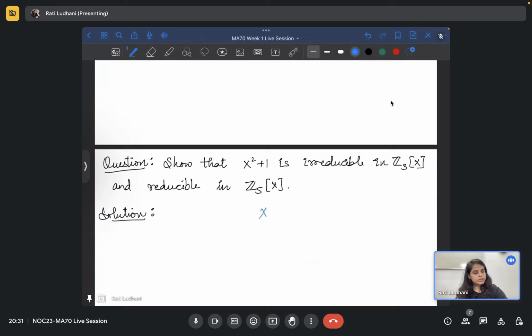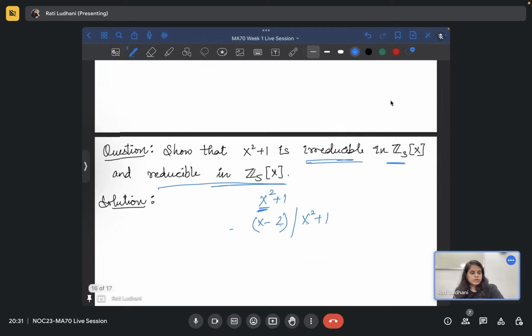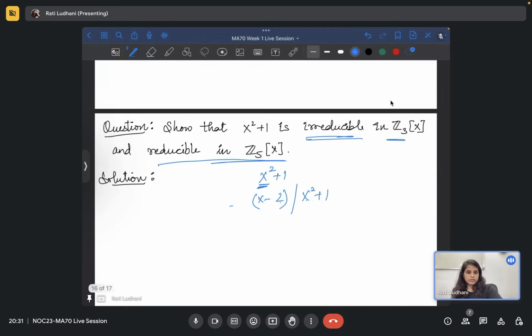So for example, if you take x square plus 1, this is irreducible in Z3[x], because 0, 1, 2 do not satisfy this equation. But this is reducible in Z5, because when you take 2, x minus 2 is a factor: 2 square plus 1 is 5, which is 0 mod 5. So you have a factor when you go mod 5.